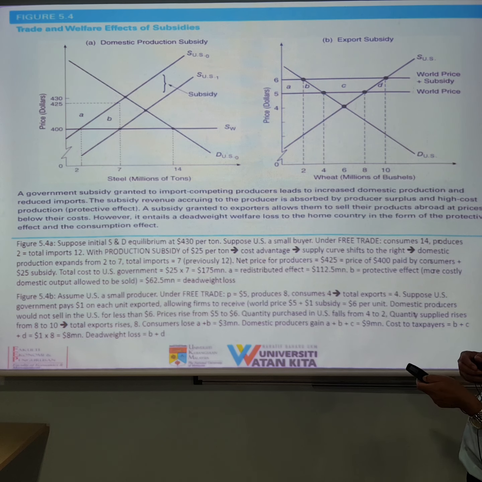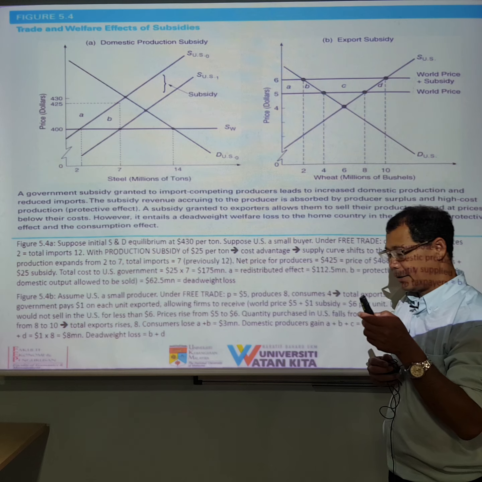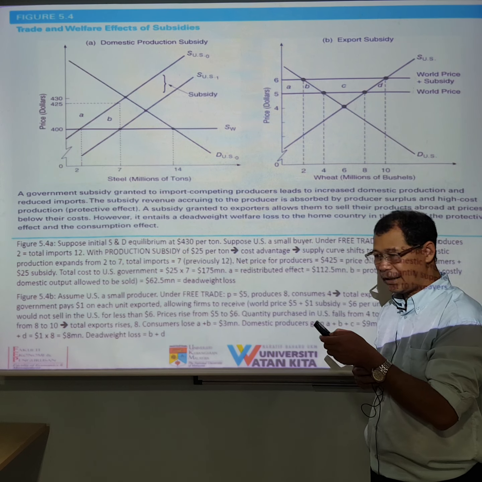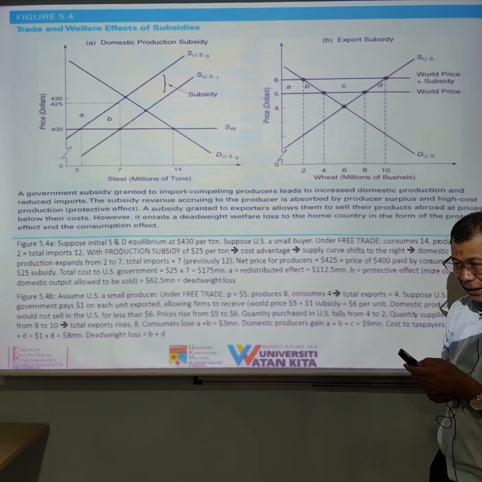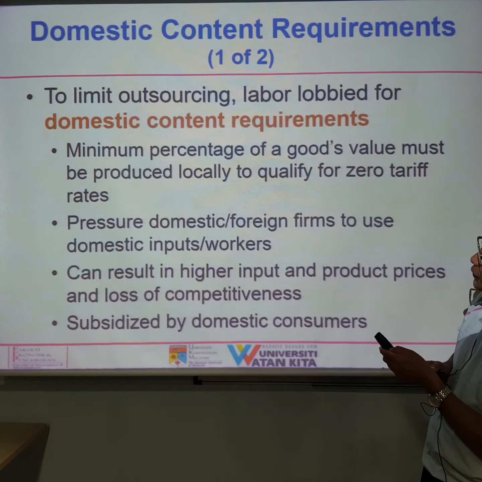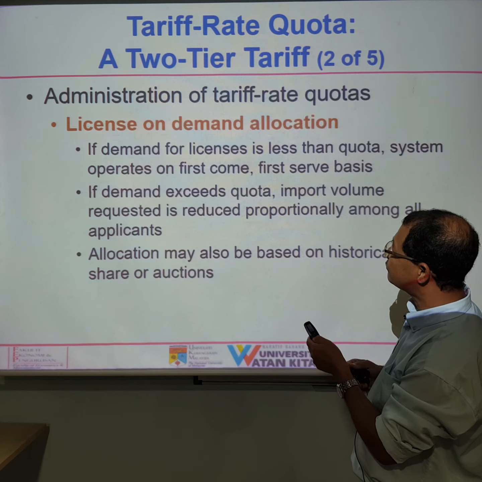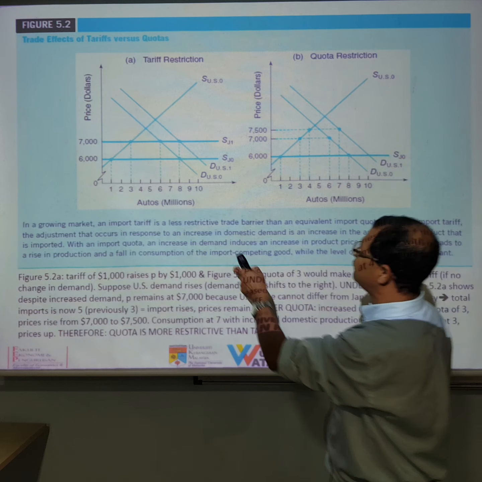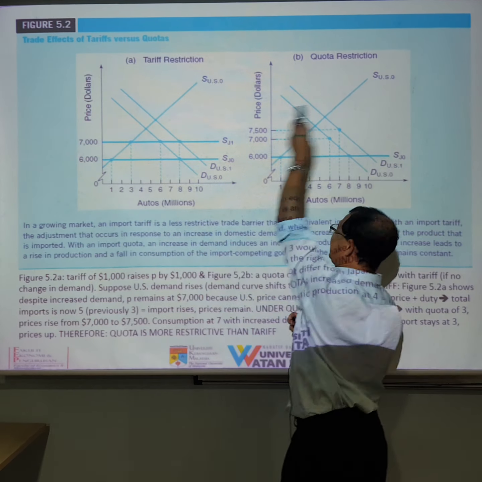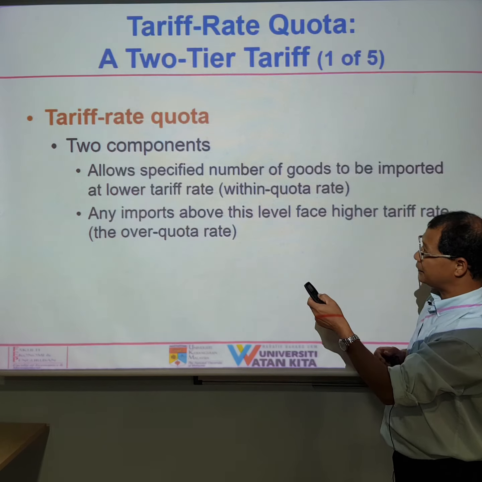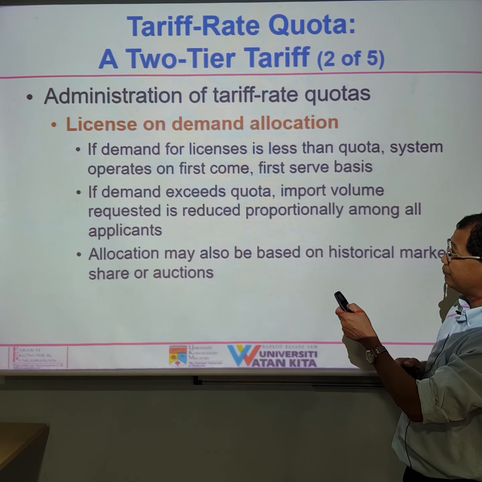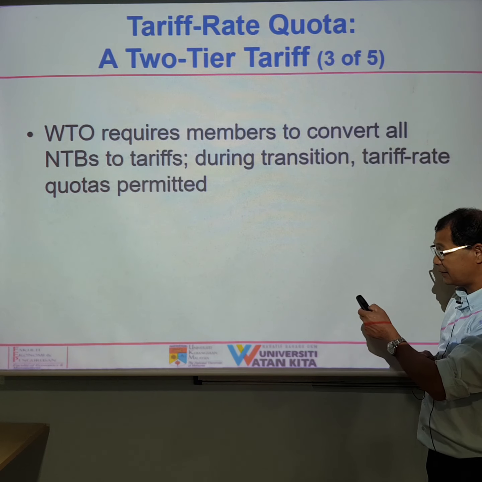So let's compare. Which one is worse? Quota is the worst. Tariff has two deadweight losses. Tariff is bad also, but not as bad as quota.